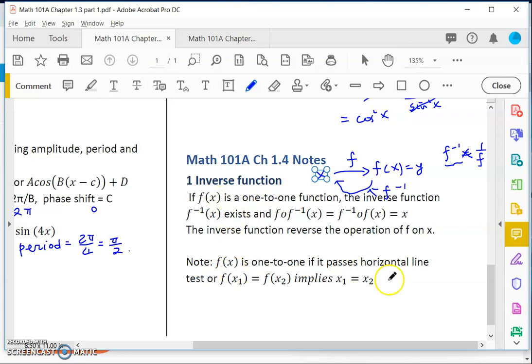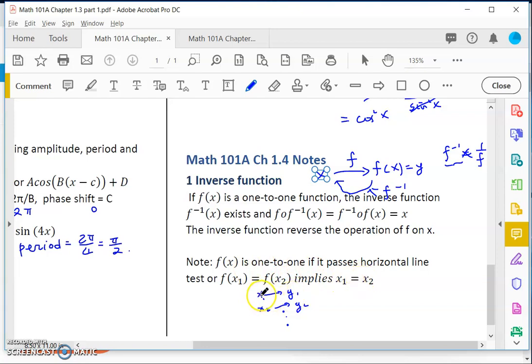What is one-to-one? One-to-one is a function that has the property where every unique x goes to a unique y. The first one goes to y1, the second one goes to y2, etc. They never share the output. So analytically, we can say if f of x1 equals f of x2, this implies x1 equals x2.